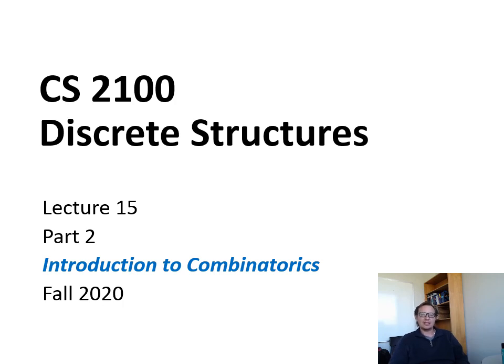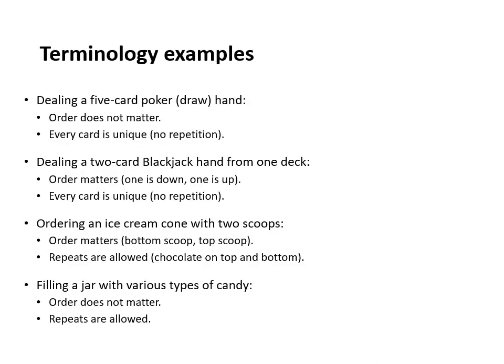Okay, so let's first solve a couple of problems. Before we do that, this is a quick reminder of the terminology that we introduced last time, by giving examples of all of the different structures we learned about.